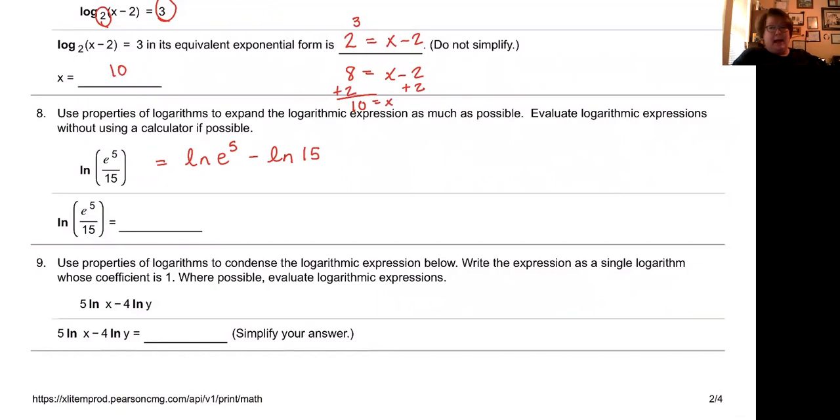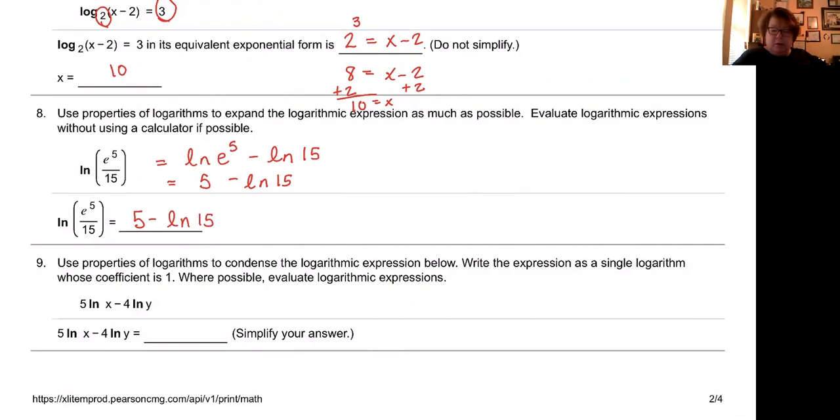But when I take the natural log of e to the 5th power, the natural log of e to anything is just that exponent. So the natural log of e to the 5th is the number 5. And I'm going to leave the natural log of 15 as the natural log. So this is going to be 5 minus the natural log of 15.